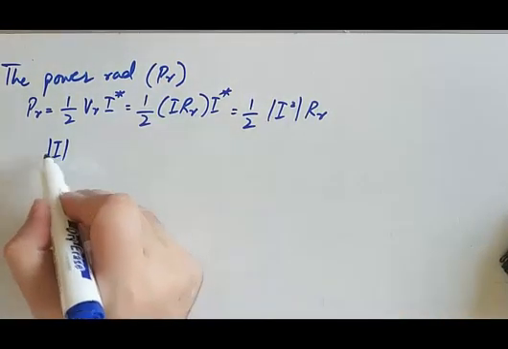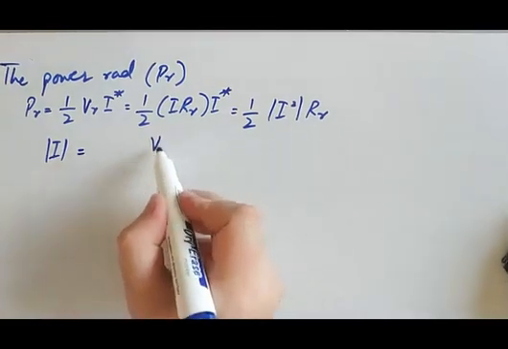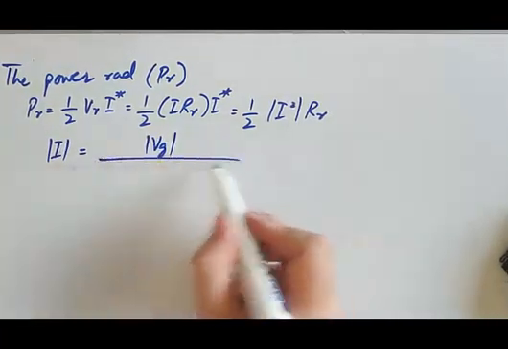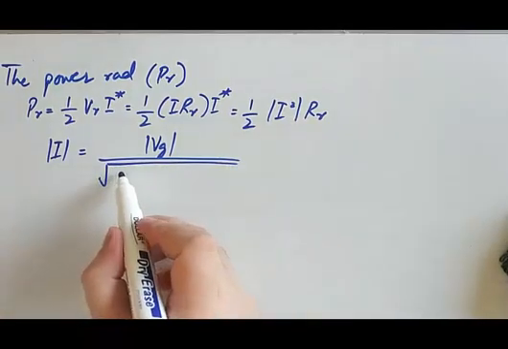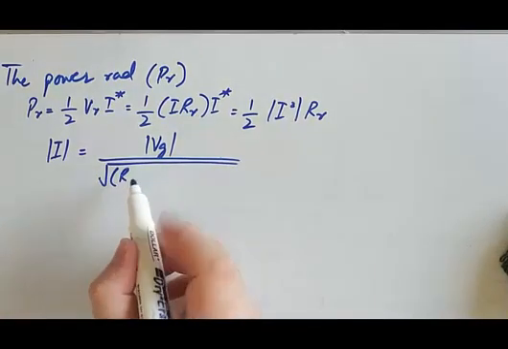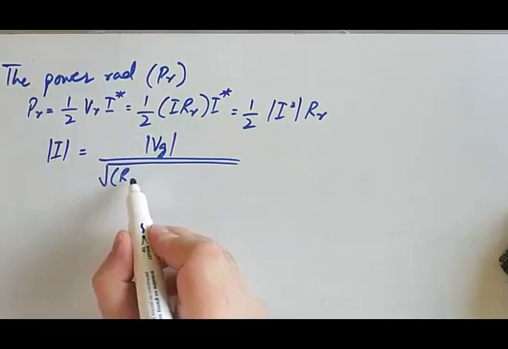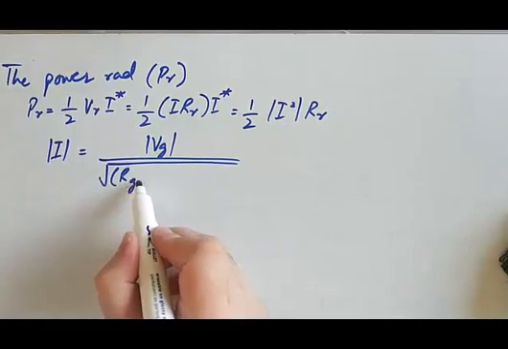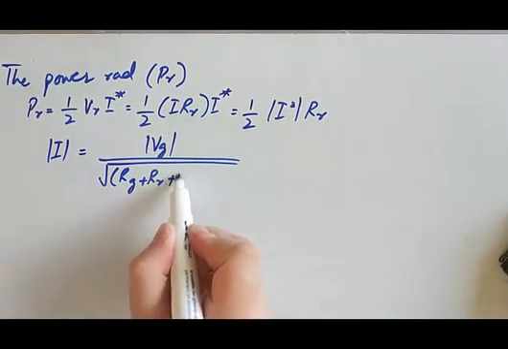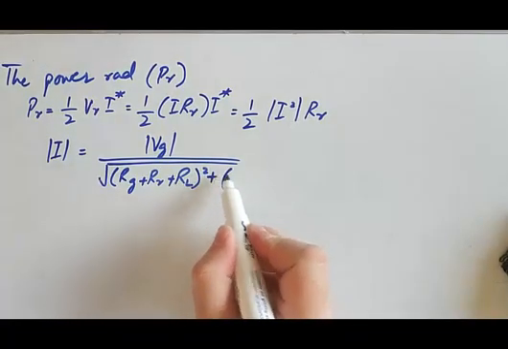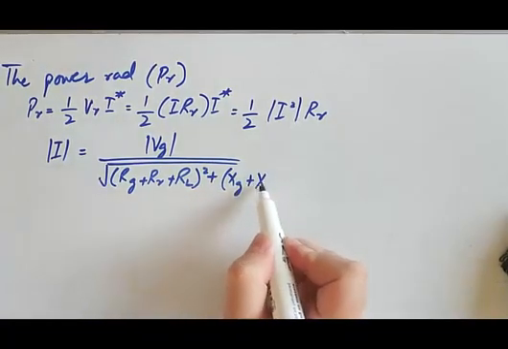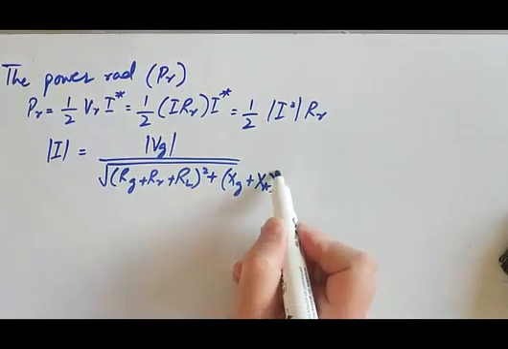And this |I| can be written now as |VG| divided by the magnitude of the impedance, which is RG plus RR plus RL, and it is XG plus XA whole square.